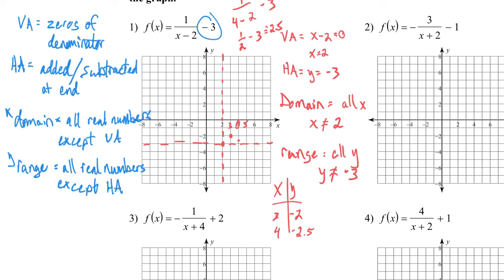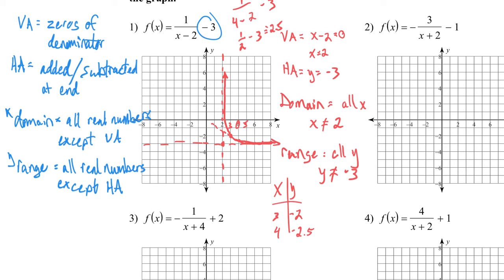So that's just getting a little bit closer to the horizontal asymptote. And that's what's going to happen. The farther I go to the right, the closer it's going to get to the horizontal asymptote. And the farther I go to the left, it doesn't continue this way. What happens is it gets closer and closer to the vertical asymptote, like that.